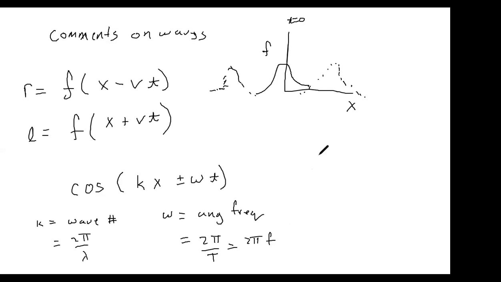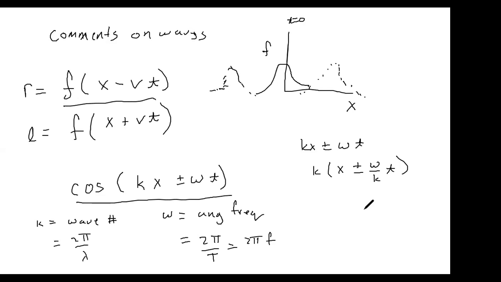So it must be that if you factor out k, and you write kx plus or minus omega t as k times x plus or minus omega over k times t, in order for this function to look like one of these functions, it must be that omega over k equals the speed of the wave, which turns out to be the speed of light for electromagnetic waves.